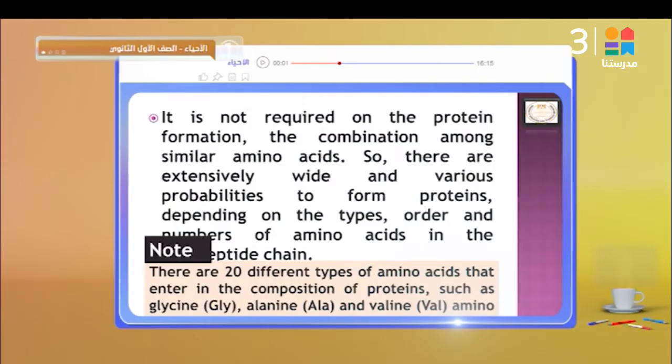The combinations among the similar amino acids give extensively wide and various probabilities for forming proteins, depending on the type, order, and number of amino acids entering the structure of the polypeptide chain. That means there are only 20 types of amino acids.